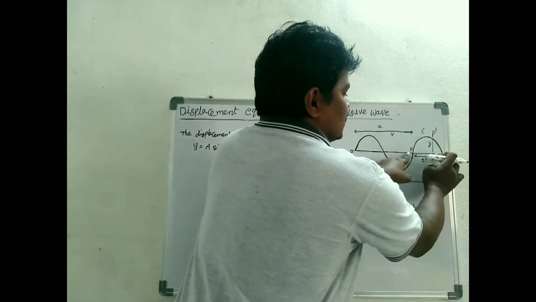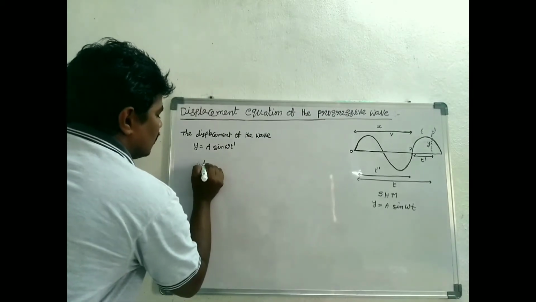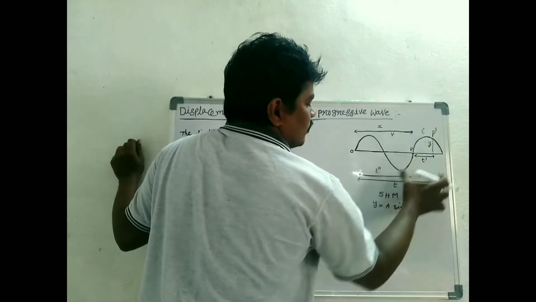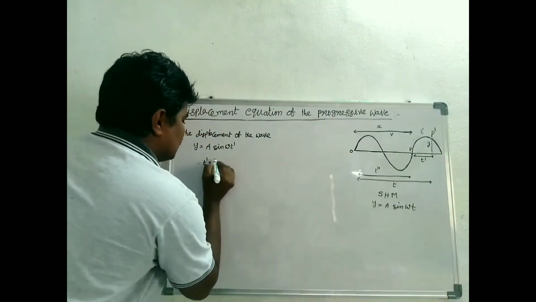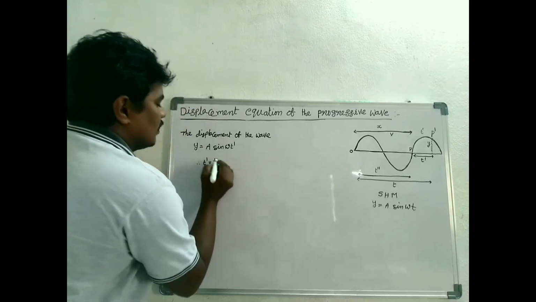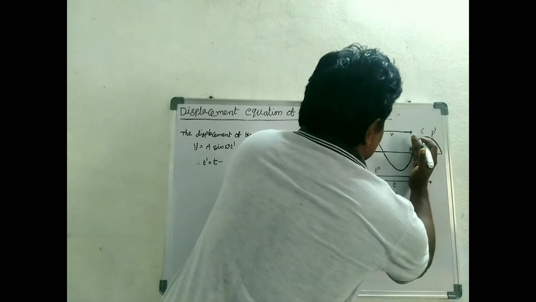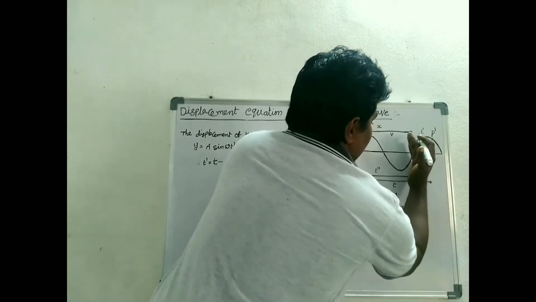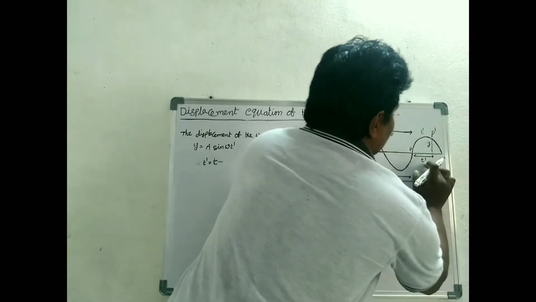Therefore t dash is equal to t minus t double dash.